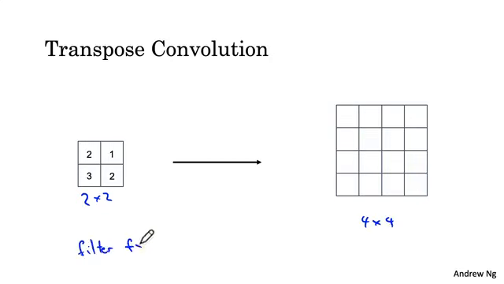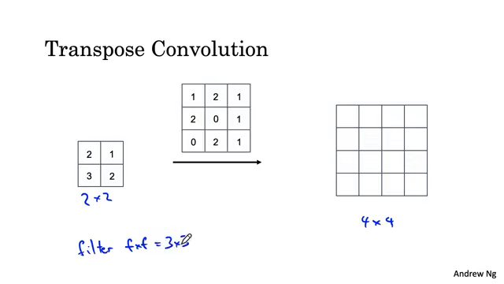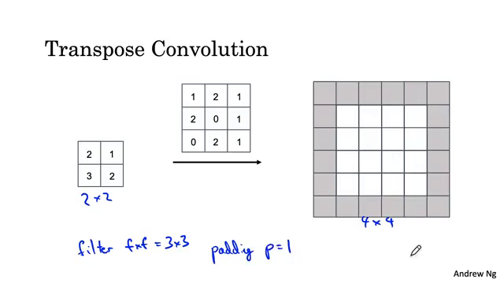So the filter is f by f, and I'm going to choose 3x3. And let's say that's the filter we will use. I'm also going to use a padding p that's equal to 1. And so in the outputs, I'm going to apply that 1 deep padding. And then finally, the last parameter, I'm going to use a stride s equal to 2 for this example. Let's see how the transpose convolution will work.